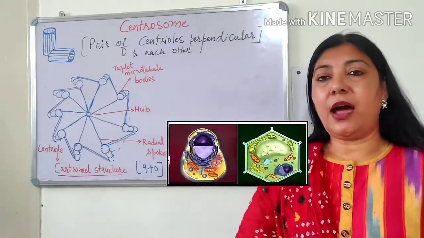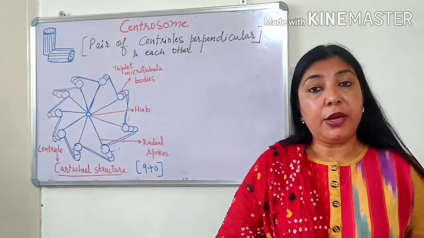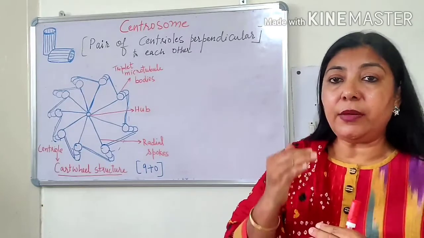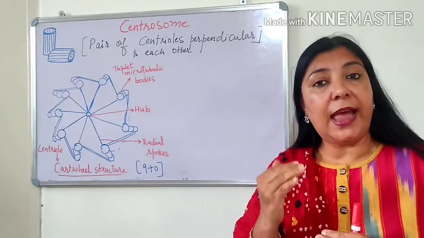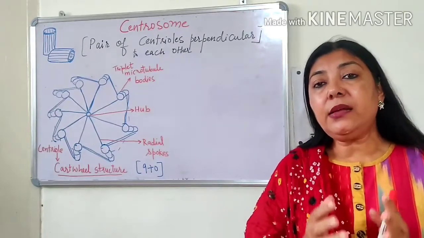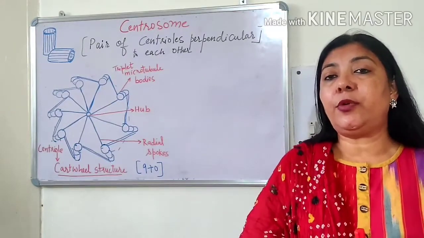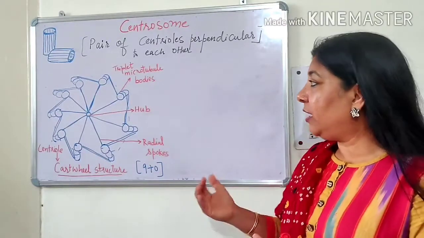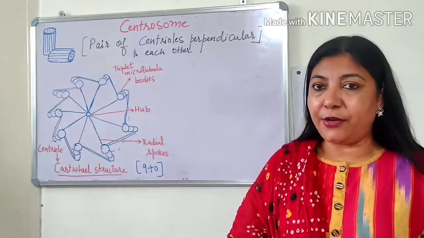These centrioles are very important structure because they are not only the part of the basal bodies of cilia and flagella, they are also responsible during the cell division process in the formation of spindle fibers. So this is the structure of the centriole.